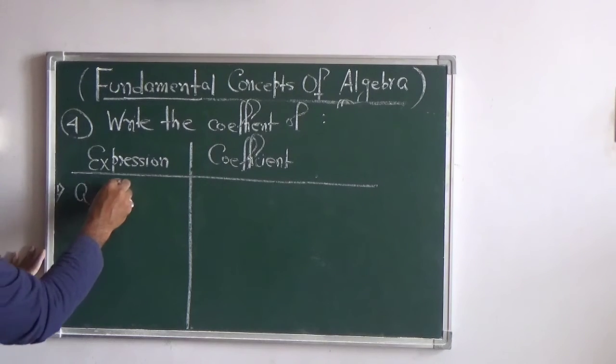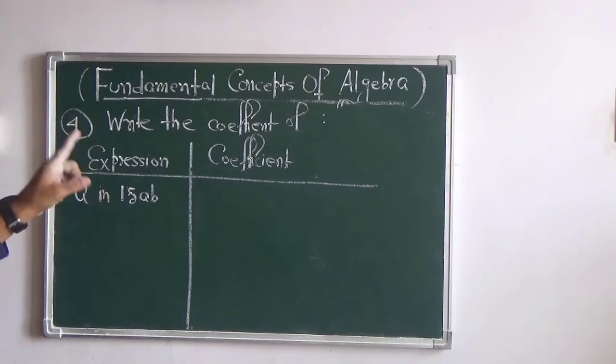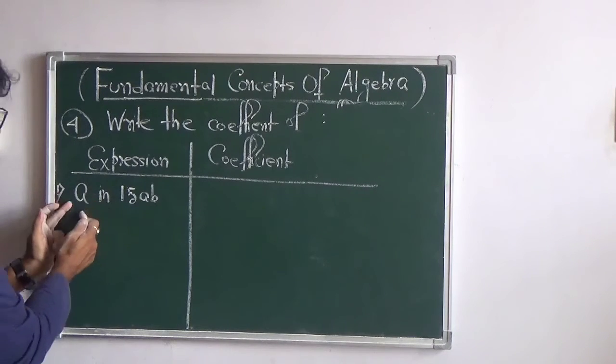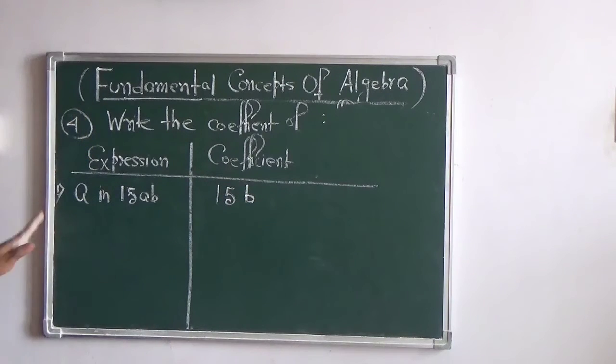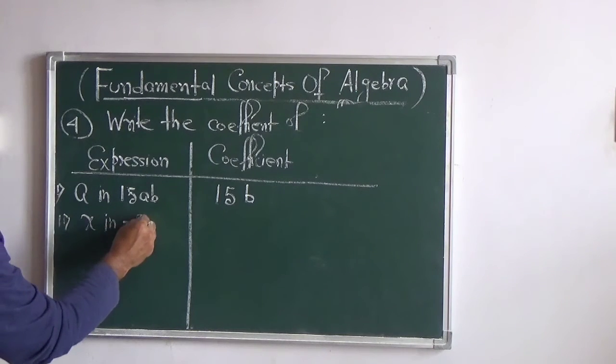The coefficient of a will be all the factors other than a. So leaving aside a, we have 15b is the coefficient of a in the expression 15ab. Similarly, number 2, x in minus 8x.